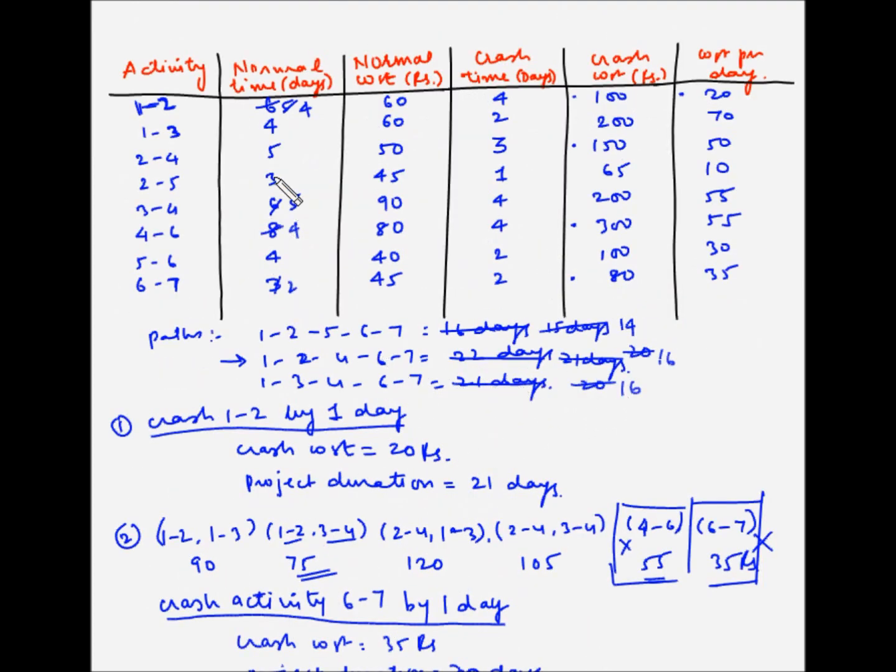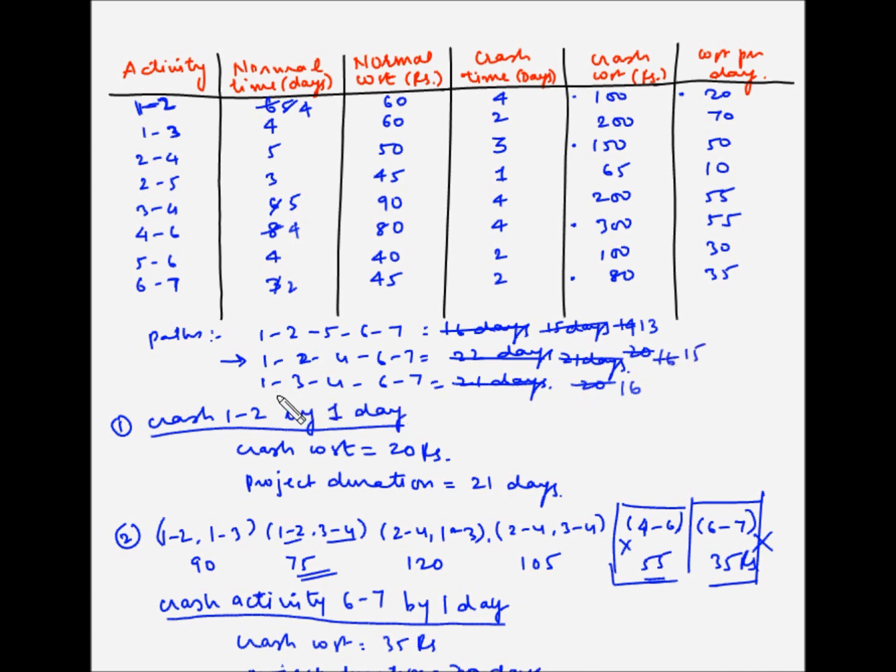So now 1 2 is available in the first path, so this goes down by 1 day to 13 days. 3 4 is not available on the first path, so that remains unaffected. For the second path 1 2 4 6 7, 1 2 is available, so this becomes 15.